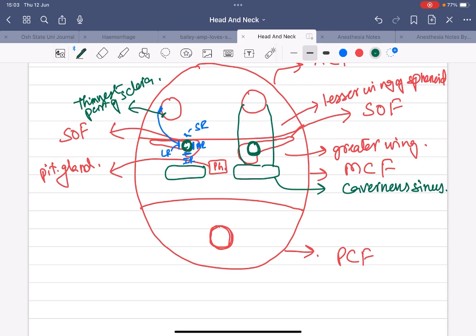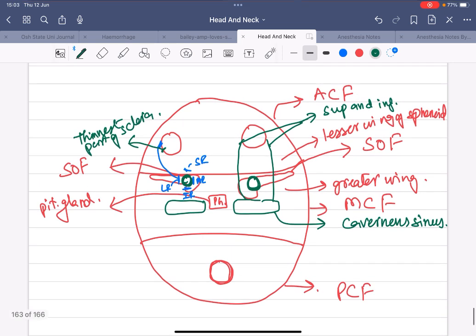Which two veins? These are your superior and inferior ophthalmic veins. They are draining into the dural sinuses.